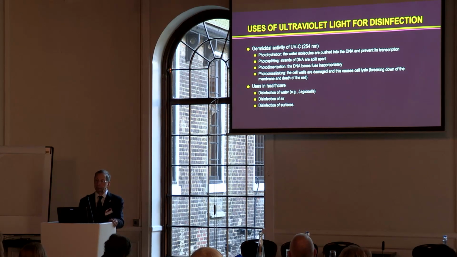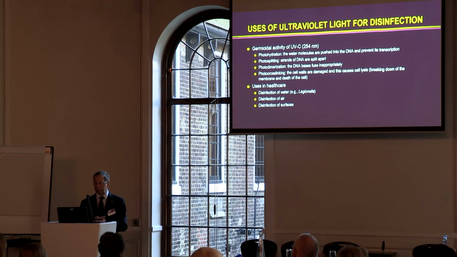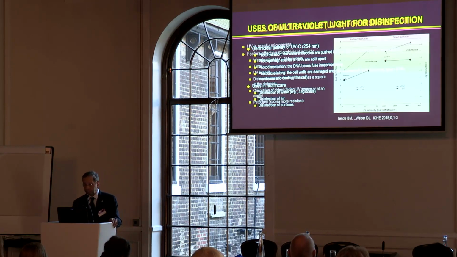So it destroys the organism by destroying the genetic material. And ultraviolet light has been used many times for many things in healthcare settings. You can go downstairs, you can see all the machines they have here for you to look at for surface disinfection. It's used for water disinfection for Legionella. It's been used for disinfection of air, and more recently for surfaces.